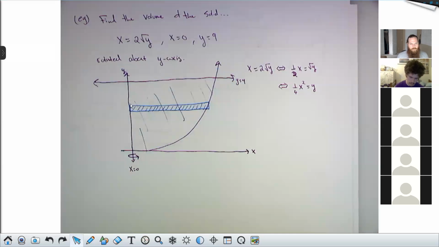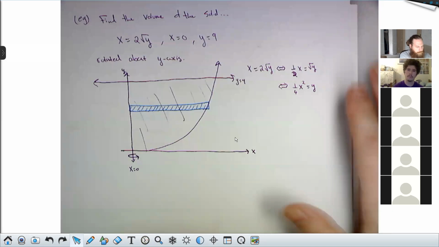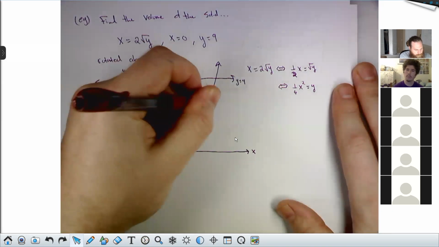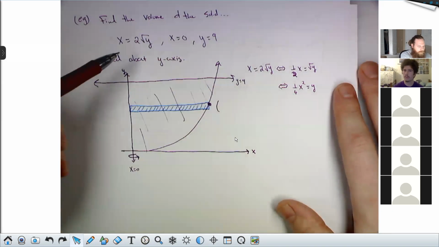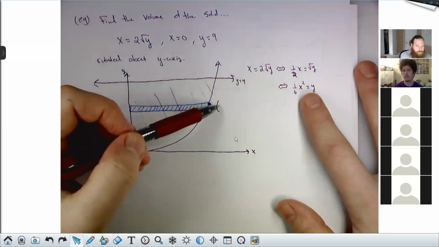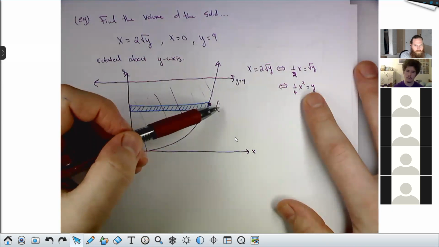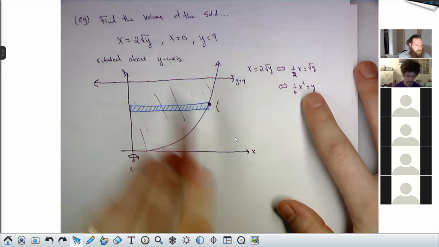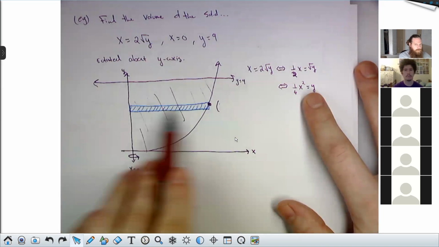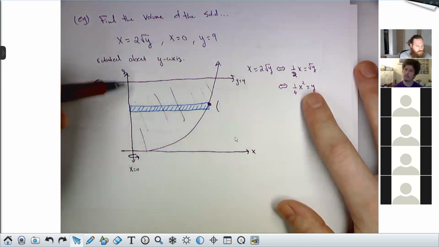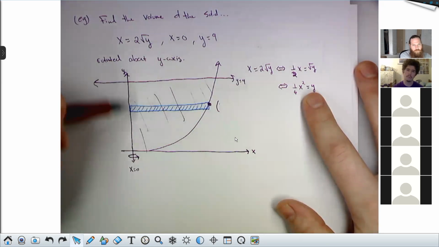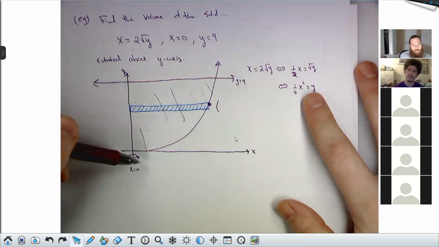So we sketch our region. We draw our little strip in perpendicular to the axis of rotation. Now we need to figure out what big R and little r are. The point on the curve over here, we could write it as x comma 1/4 x squared. But because my strip is like this, when that strip moves, I'm thinking of it as moving from y values to y values.